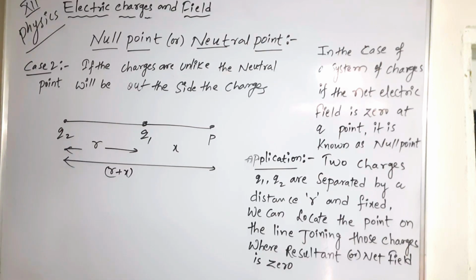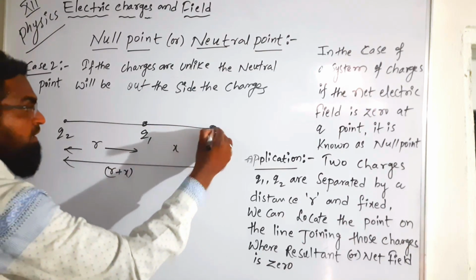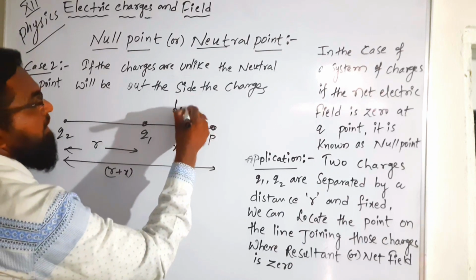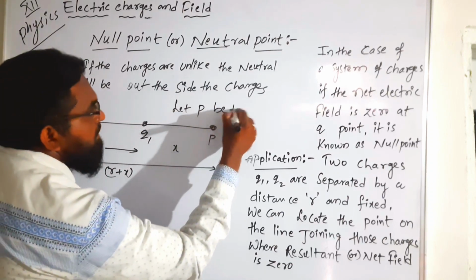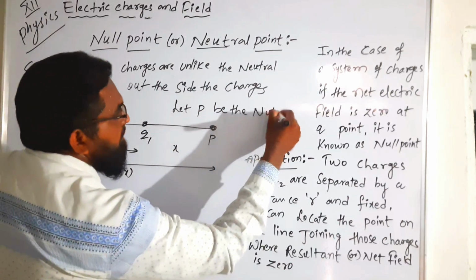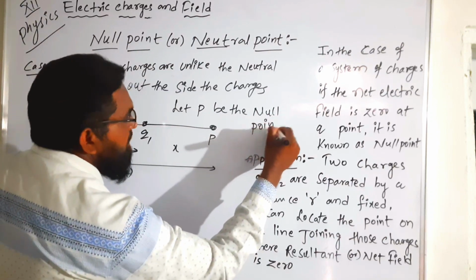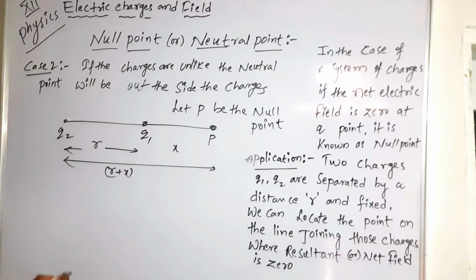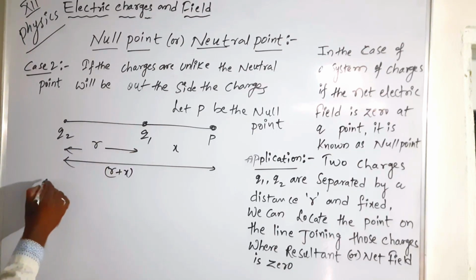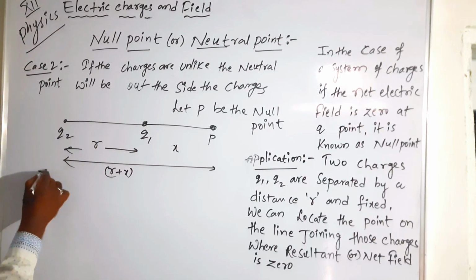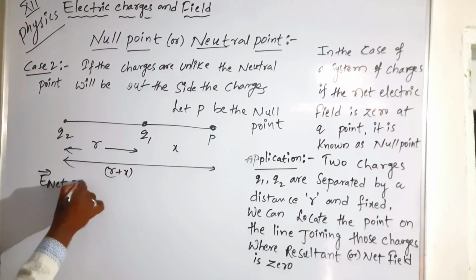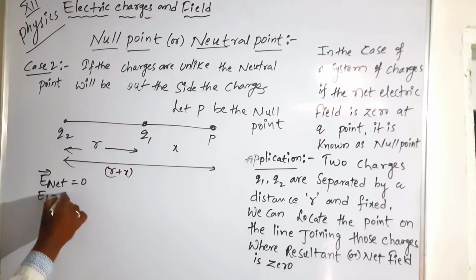Clear now, students? Okay, outside the charges, let P be the null point. Now the electric field of the Q1 charge and of the Q2 charge, net electric field E net equals 0, and similarly E1 equals E2.